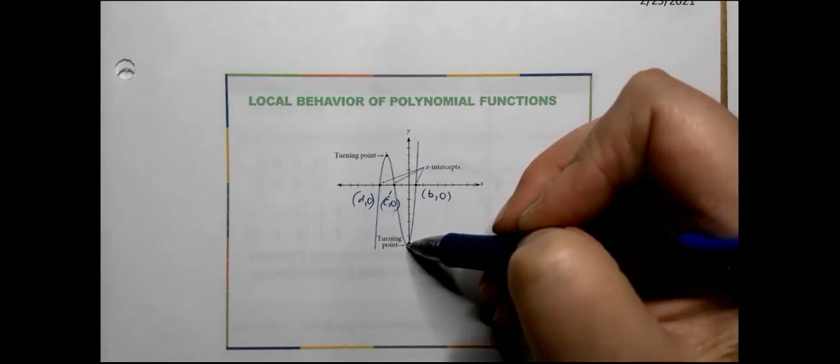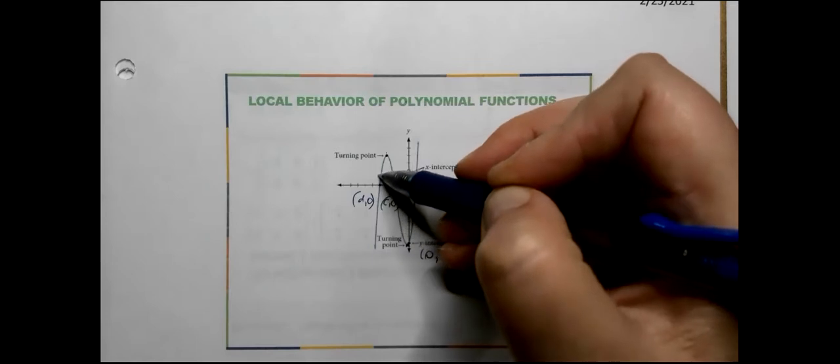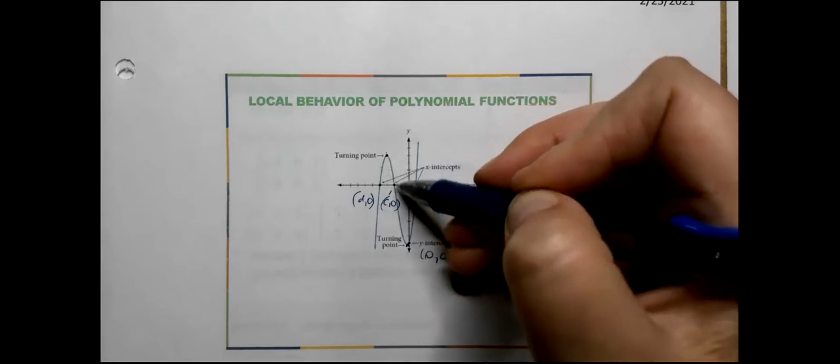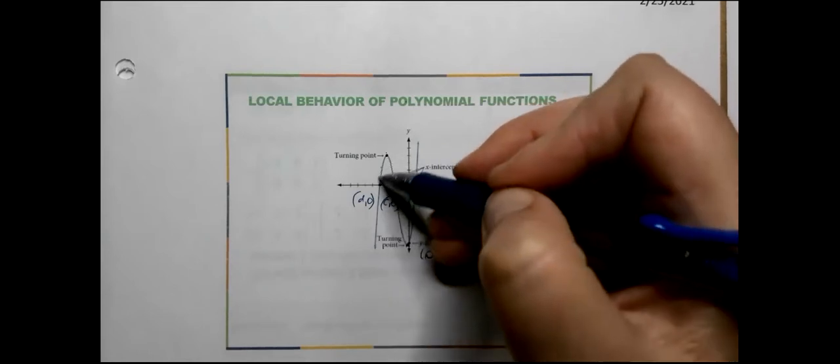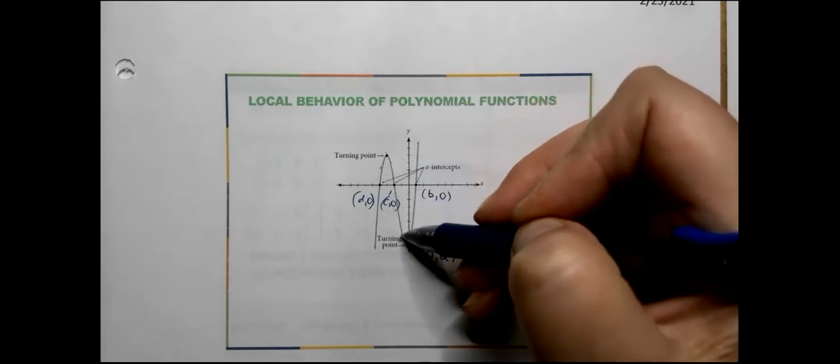The local maximum point is where your graph increased before reaching that point, and once it reached that point, it turned to decreasing.